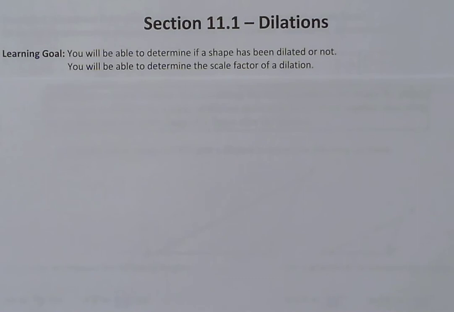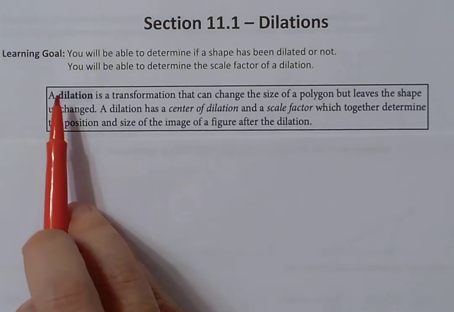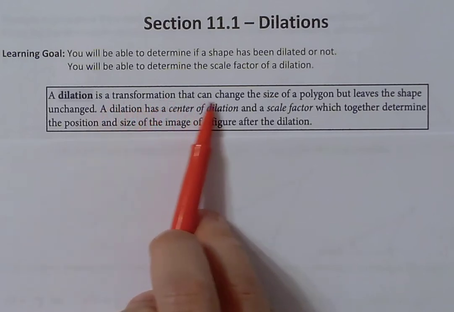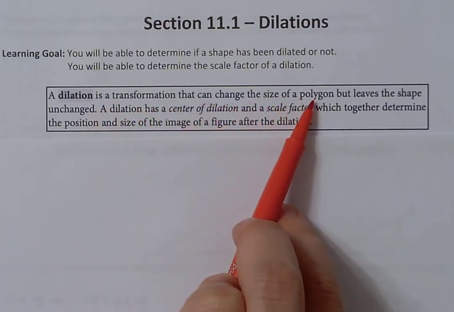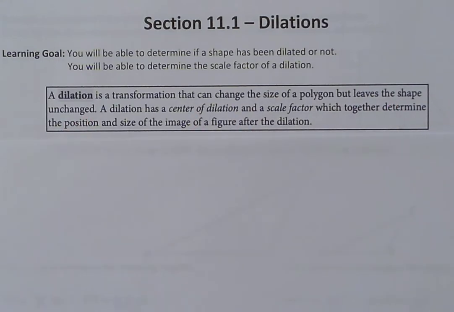So first thing up is a dilation. So a dilation is a transformation that can change the size of a polygon but leaves the shape unchanged, meaning that we can make the shape bigger or smaller, but in essence it maintains that same shape.